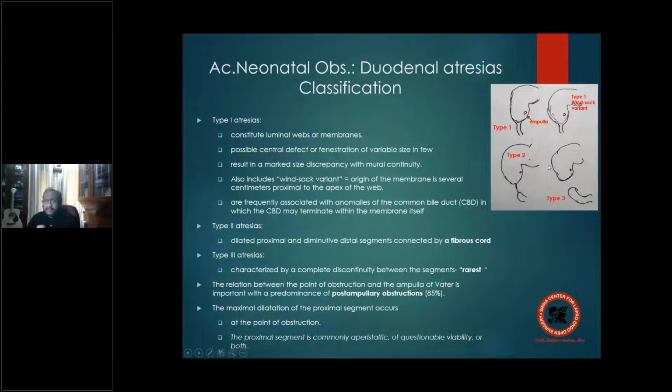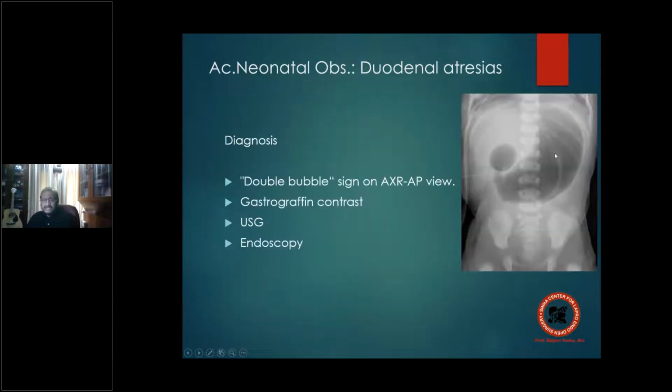The other thing that you have to remember is that because this part undergoes dilatation, and depending upon the hugeness of dilatation and stretching of the wall, diameter of the wall, it usually outstrips its blood supply. So in most of these cases, this part of the duodenum becomes aperistaltic, questionable viability because of ischemia or decreased amount of blood supply, or both. So you have to be very, very careful when you're trying to utilize this dilated duodenum for any kind of reconstruction. This is what is known as the double bubble sign, which you have been referring to regularly.